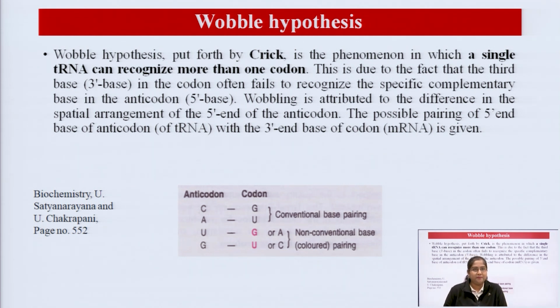The possible pairing of the 5' end base of the anticodon of tRNA with the 3' end base of the codon of mRNA is given. So, if the anticodon is C, the codon will be G. If the anticodon is A, the codon will be U. If the anticodon is U, it will be G or A.